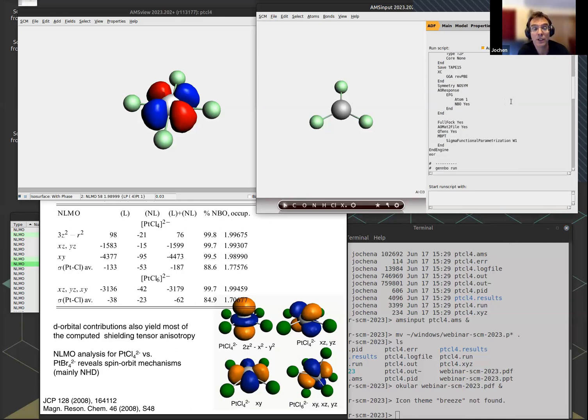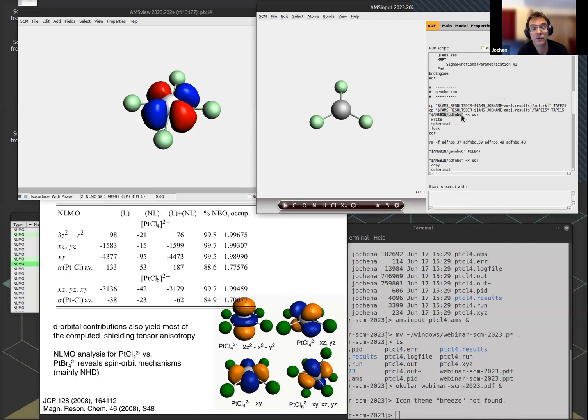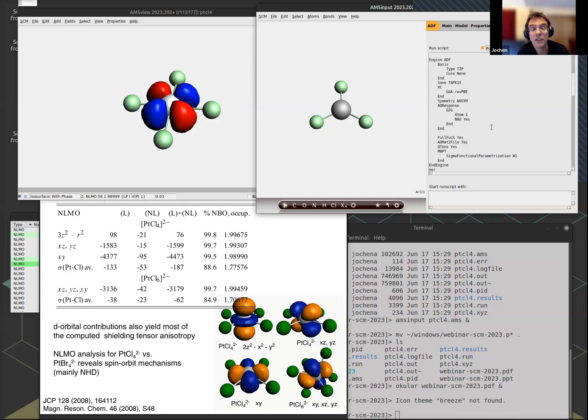So there's the single point calculation, and then there's the interface for ADF and NBO. And then it will run this here.